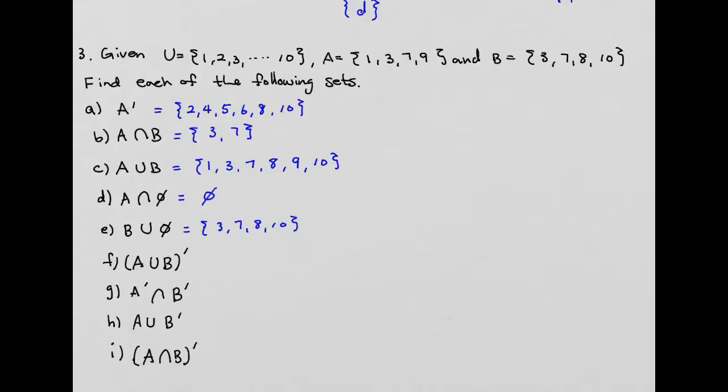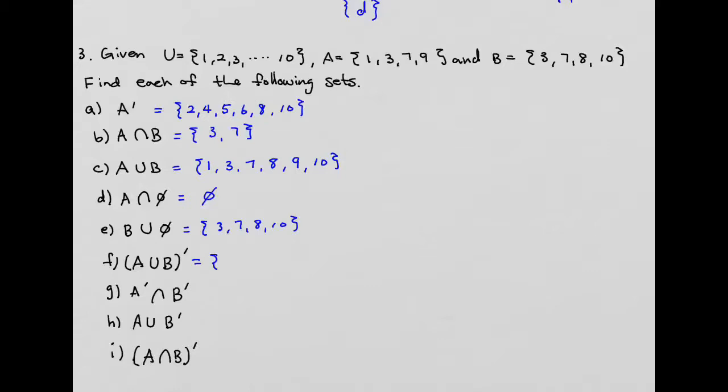What about if we're looking at F? You have A union B not. So we need to find A union B first. And we had that from here. So this is A union B. Not means from the universal set, exclude that A union B. So let's see.